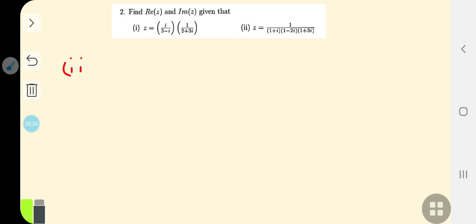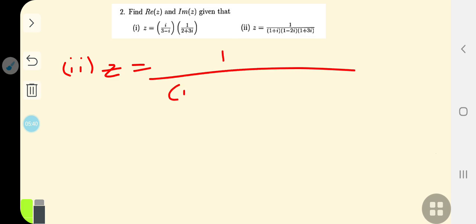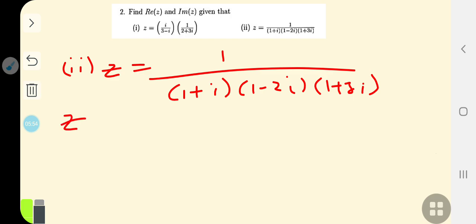So the next part, z is equal to 1 plus i. Now it's just a matter of multiplying what is on the denominator part.